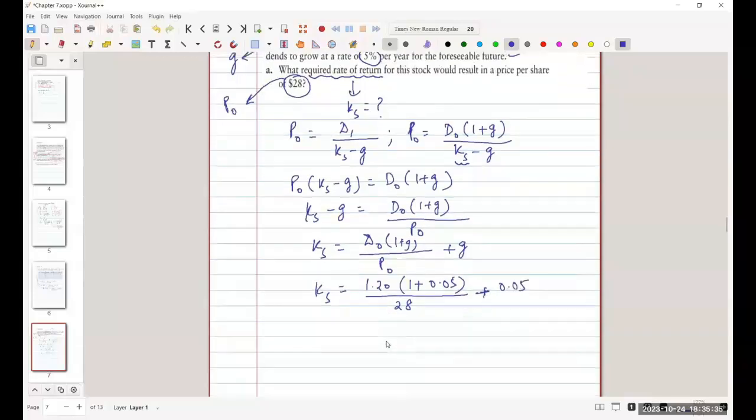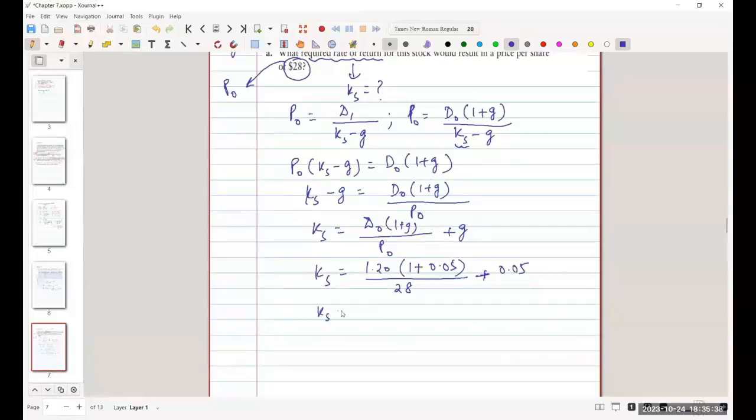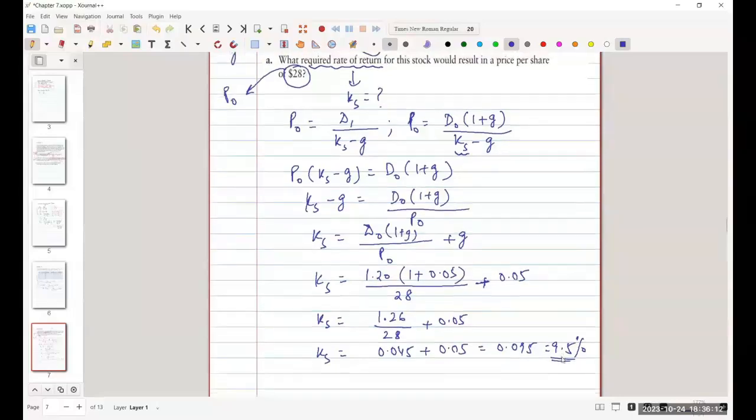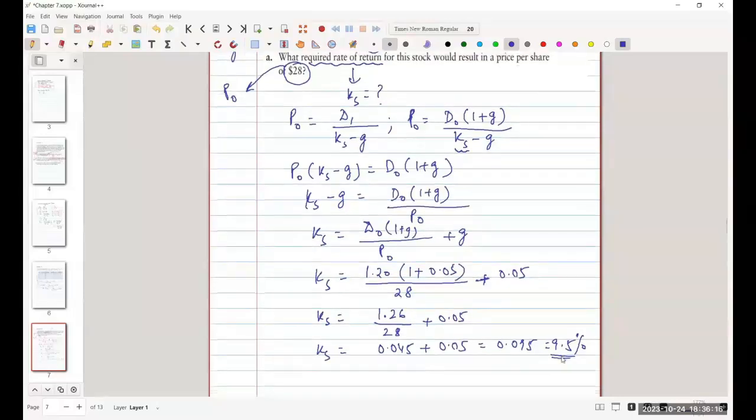If you carry out this calculation, the numerator becomes 1.26, and the fraction becomes 0.045. So 9.5% is the required return for this particular scenario, right? Easy enough.